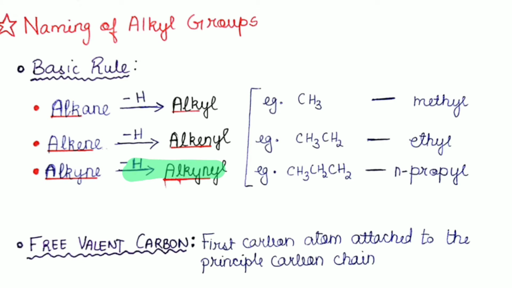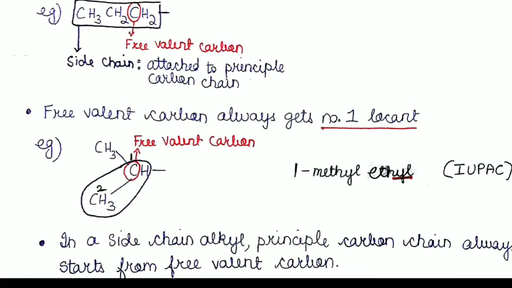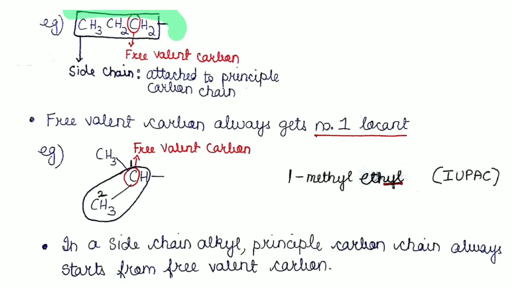Now let's come to the definition of a free valent carbon, because that is very important for analyzing a side chain. So what is a free valent carbon? It is the first carbon of the side chain that is attached to the principal carbon chain. An example would be if we have a side chain of this sort, our n-propyl.